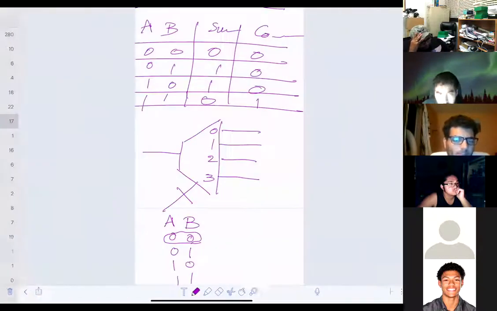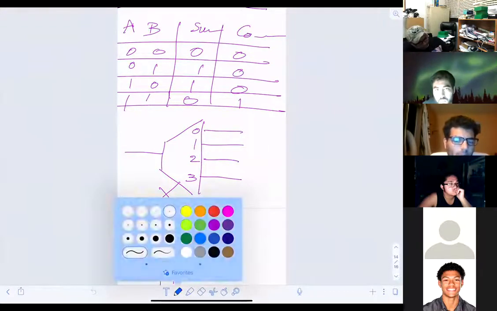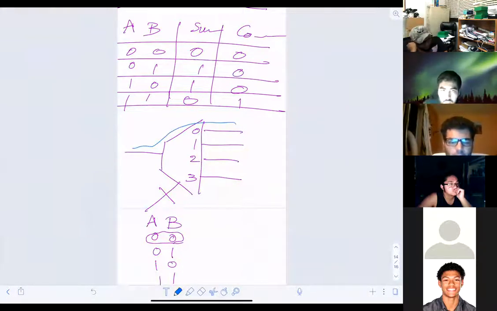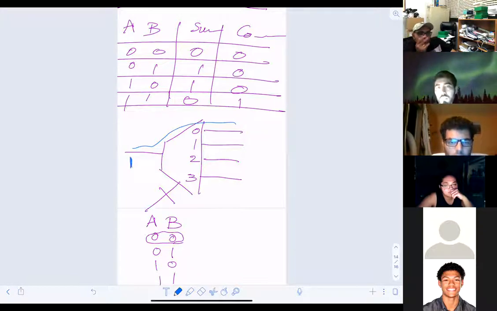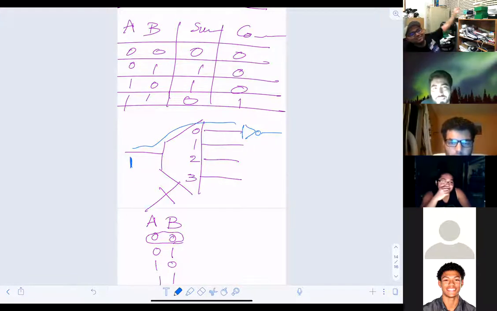If we do it like this, we need this input to be equal to what? 0, ground. We need it to be 0, right? Interesting. You know what? We can put 1 here. Then we do it like this. We tricked the system.